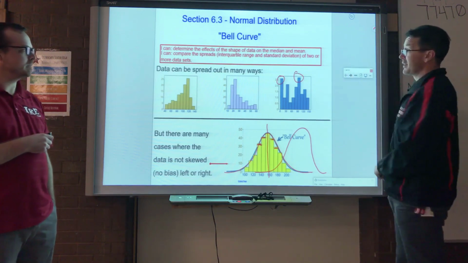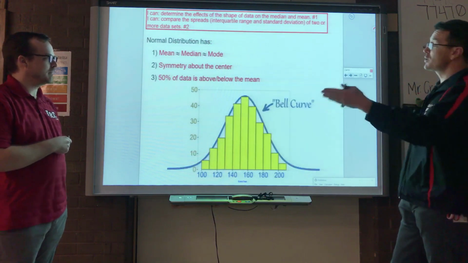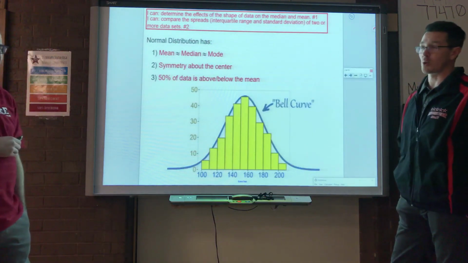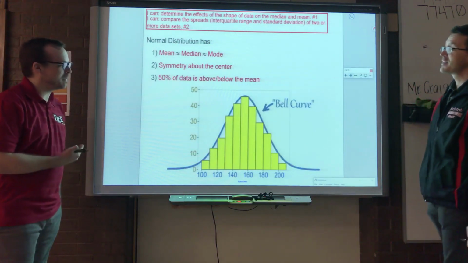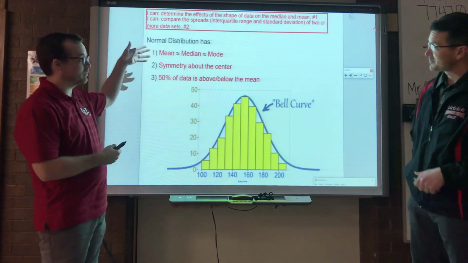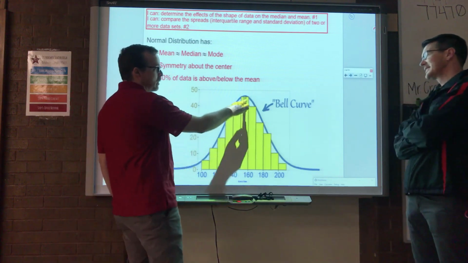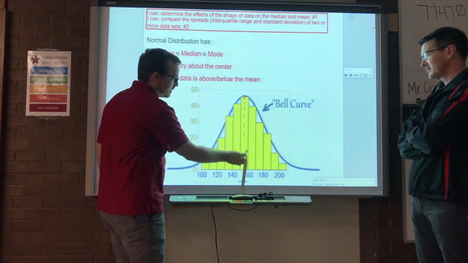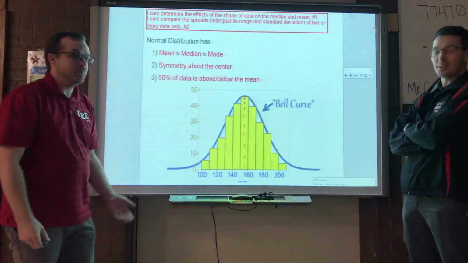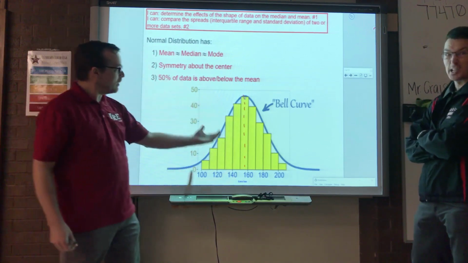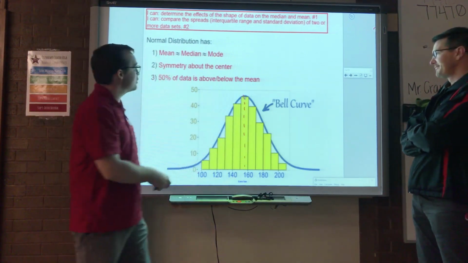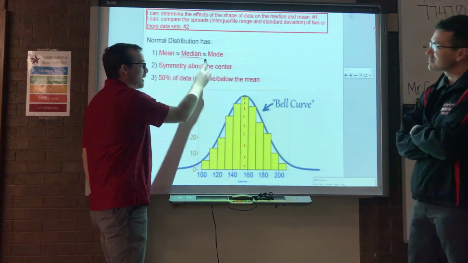All right, moving on. What does that do to our data, Mr. Nelson, if we have a normal distribution? So when we have normal distribution, you have these three properties, and we're going to explain what that means. We can already tell that the mode is right here because the mode's the most, right? Also, because of the normal distribution, the median is right there in the center.